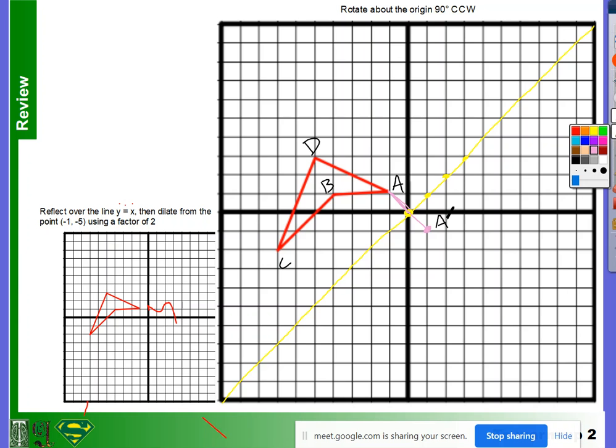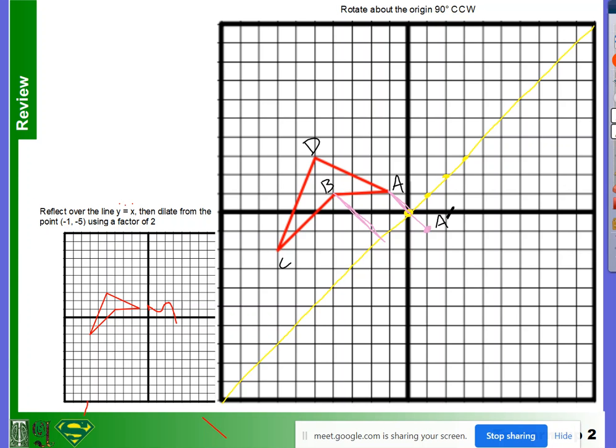So how many diagonals is point B from the line of reflection? 2.5. I would actually call it 2.5 because here's 1, 2, and then a half.